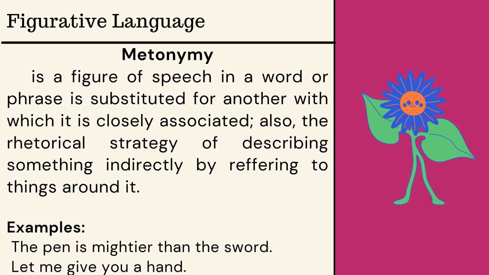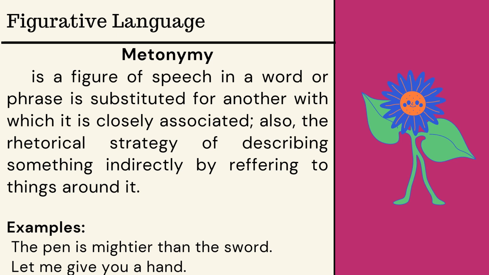Okay? Or let me give you a hand. Instead of saying let me help you, hand is used to describe help. Because when we help, we use our hands most of the time. Okay? So it's like euphemism, but in euphemism, what we are substituting are offensive terms with inoffensive terms.